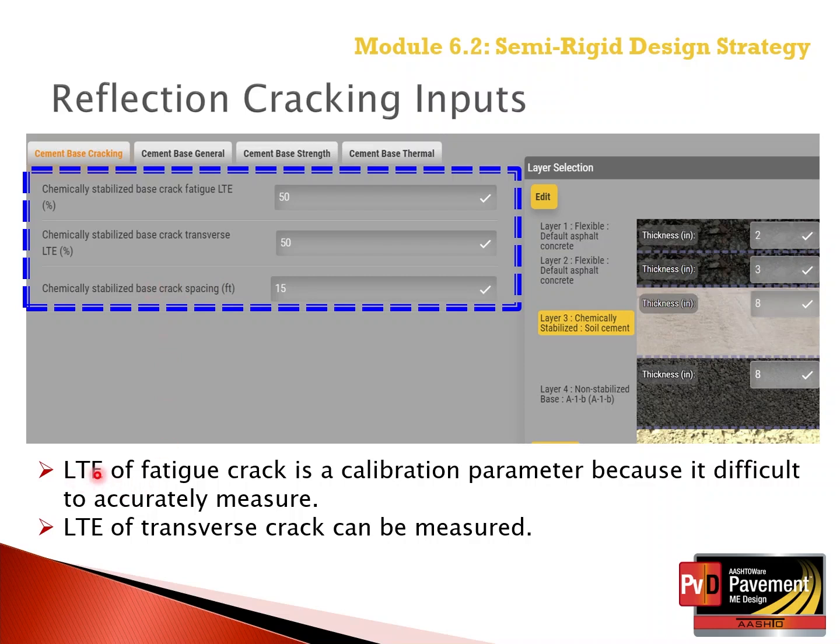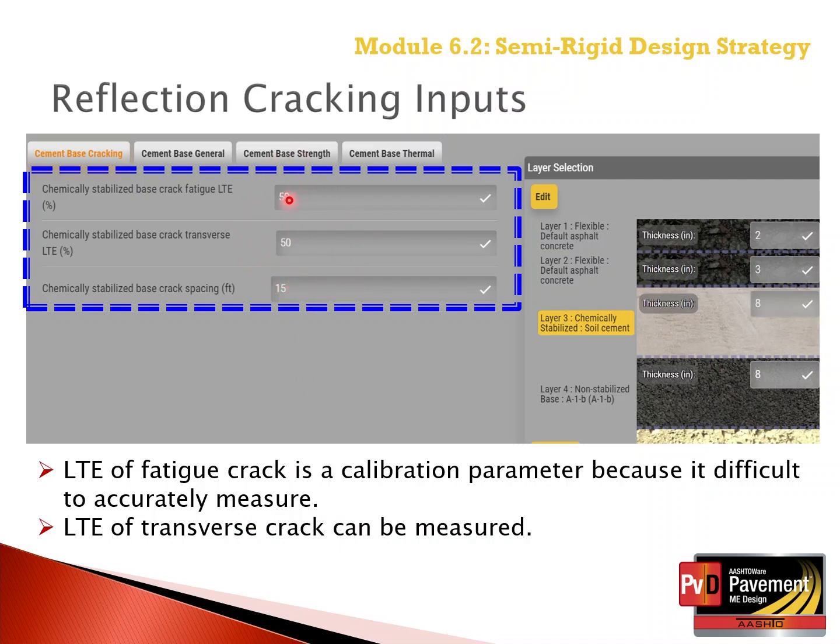So the low transfer efficiency of fatigue crack is a calibration parameter because it's difficult to actually measure that in the field. The low transfer efficiency of transverse cracks can be measured and quantified in the field. So these values are the default values in the Pavement ME design software.